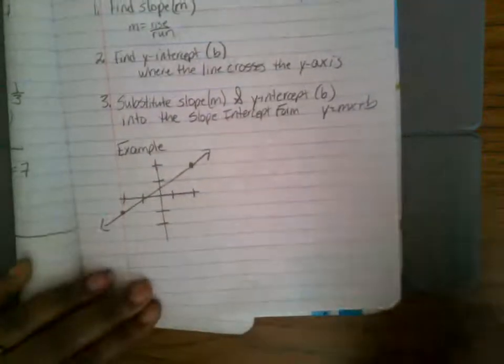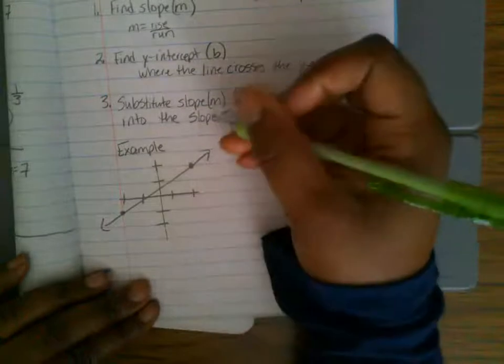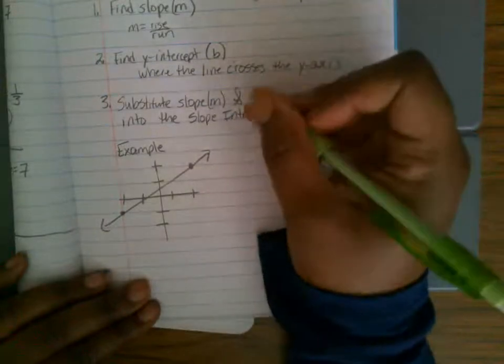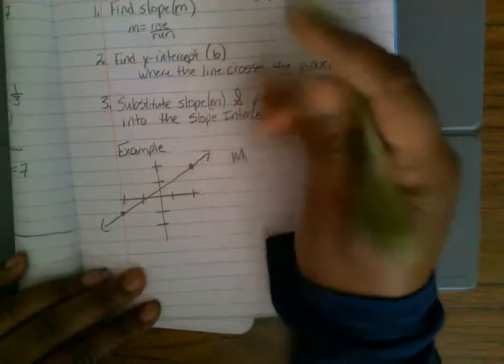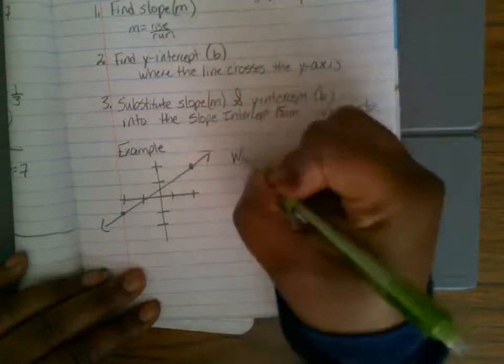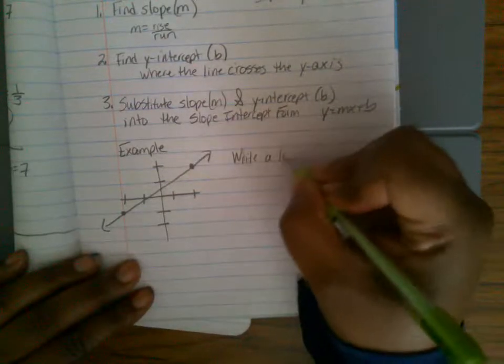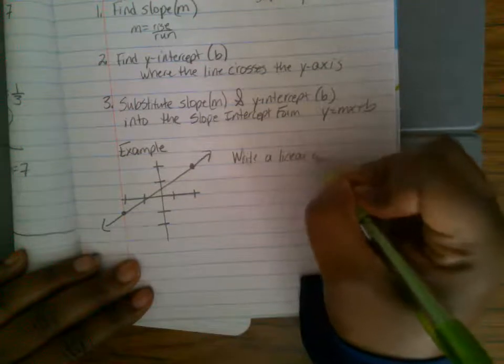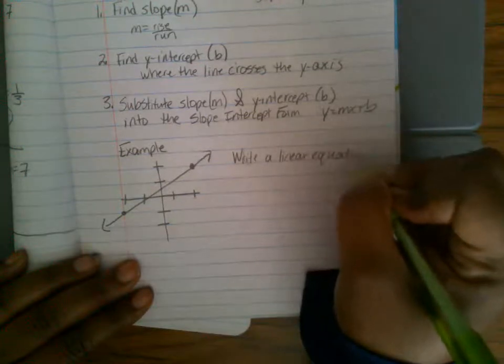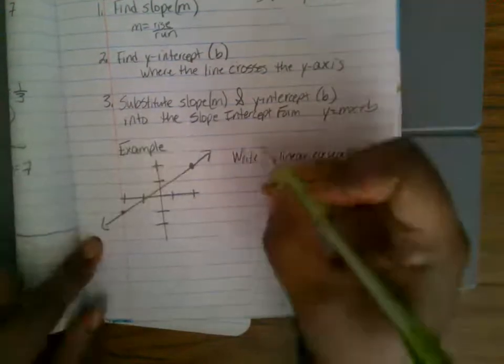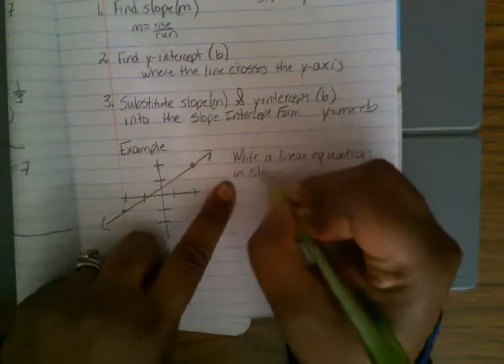All right, so now I'm going to write an equation for this line. So you write a linear equation, because this is a straight line, in slope-intercept form.